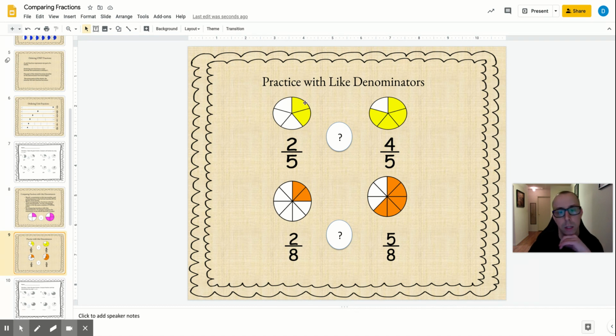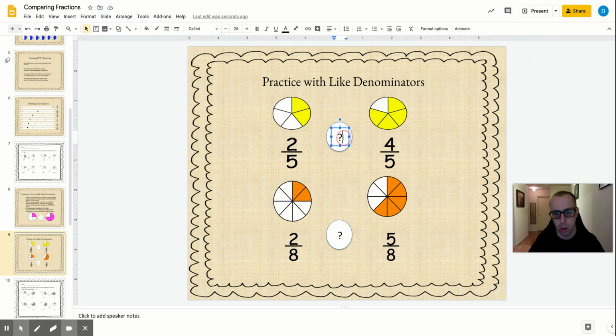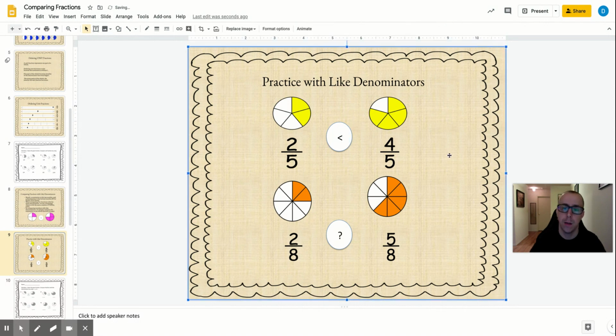Here you can see 2/5 and 4/5. 2 is smaller than 4, so 2/5 is less than 4/5. Moving on, we see 2/8 and 5/8. Again, we're comparing fractions with the same denominator, eighths.